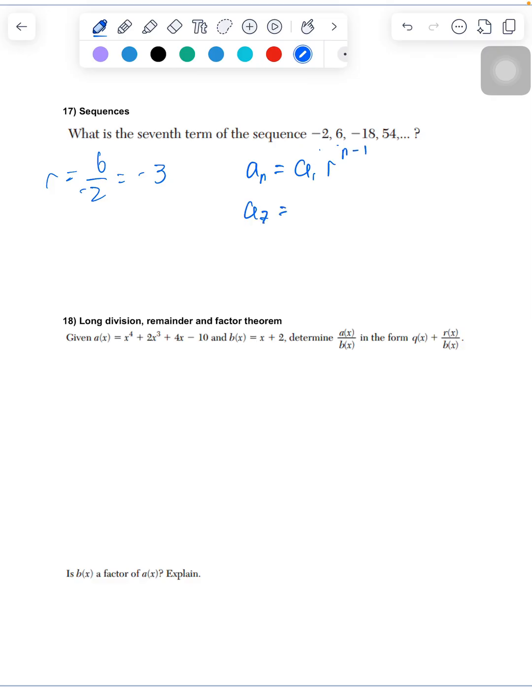That's going to be a_1, which is -2, times r, which is -3, to the n minus 1. So 7 minus 1, that's going to be -2 times -3 to the 6th power. All right, so let's put that in the calculator. Let's see what we get.